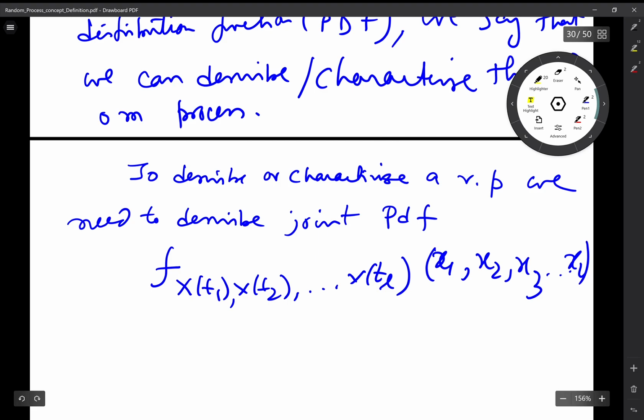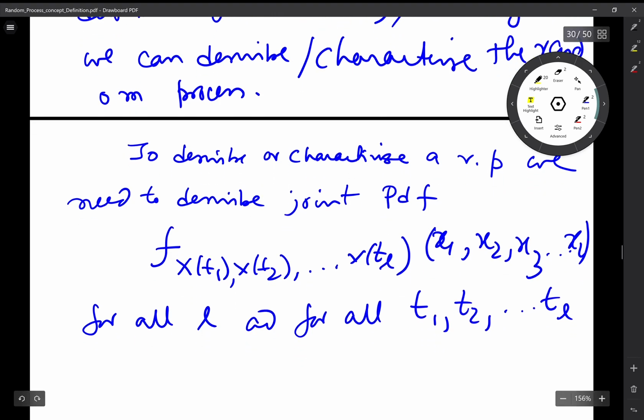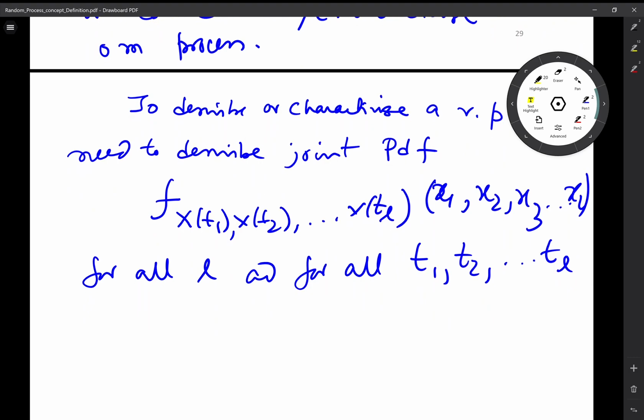So we need to determine this joint PDF for all L and for all t1, t2, ..., tL. If we can describe this joint PDF, that means we can describe the random process.